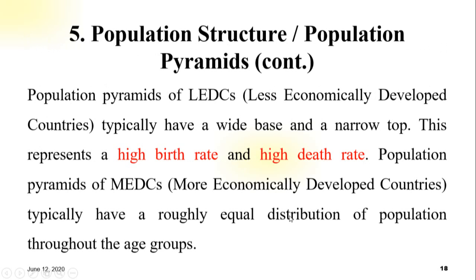So now move to one more point. Continuing from population structure and population pyramids: the population pyramid of less economically developed countries, LEDC, typically has a wide base and a narrow top.